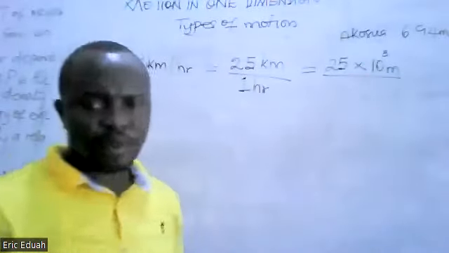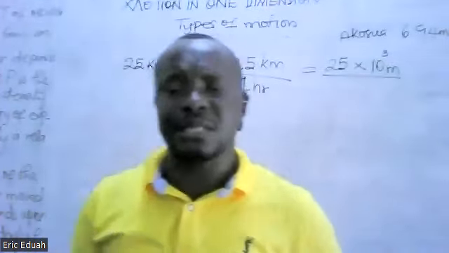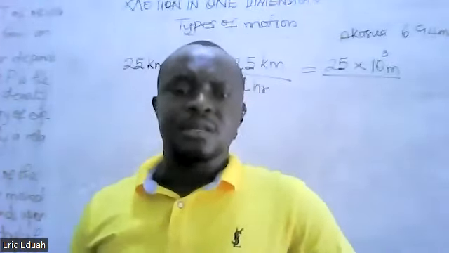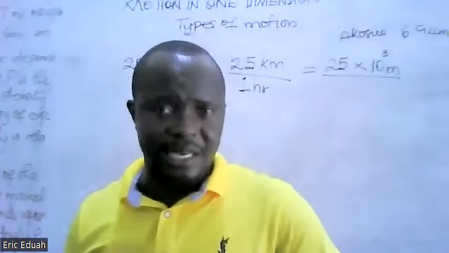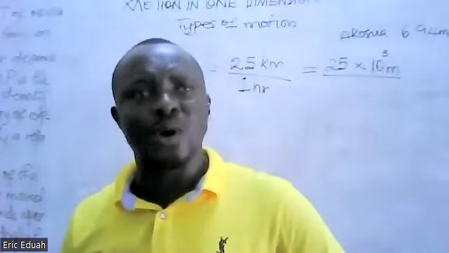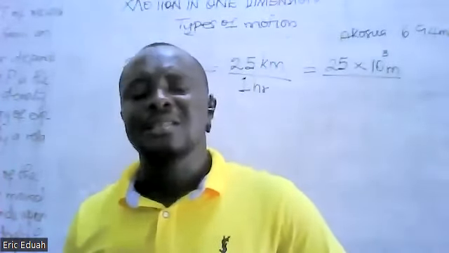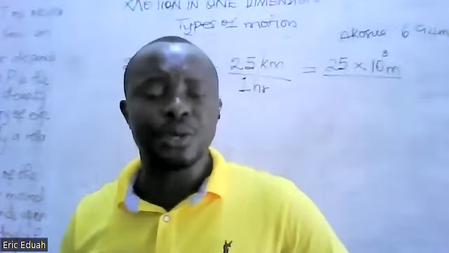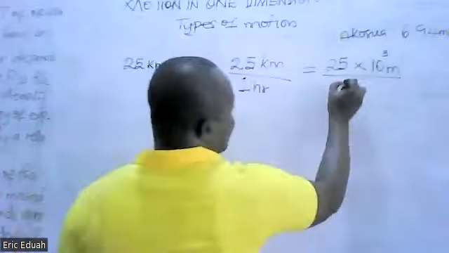divided by, I know 1 hour is equal to 60 minutes. And 1 minute is equal to 60 seconds. So it implies that 1 hour is equal to 60 minutes times 60 seconds, which will be 3,600 seconds.